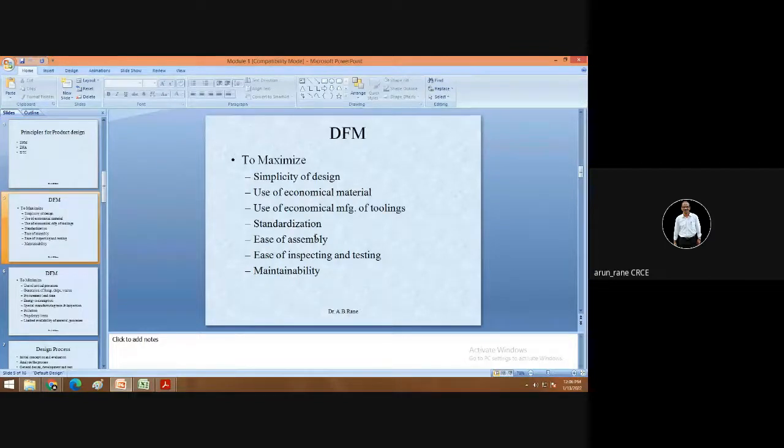So now, what is DFM? Now, a short note, a sure short question: explain DFM, design for manufacturing. So you have to maximize simplicity of the design. Your design should be as simple as possible, you understand? To maximize simplicity of design.